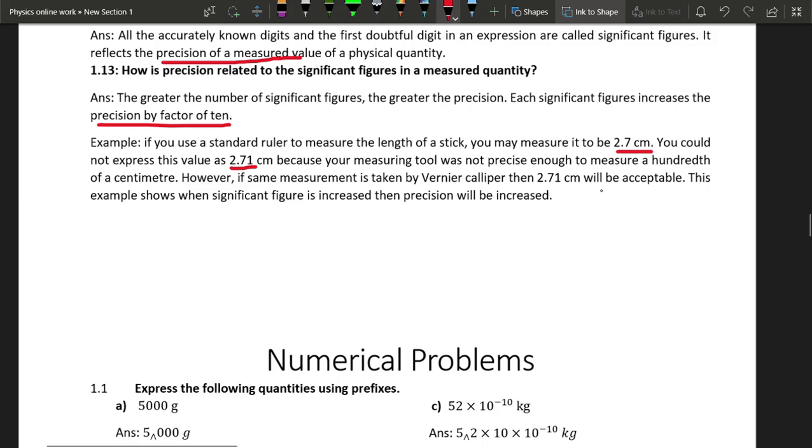So as significant figures increase, precision also increases. This example clearly shows that the more the significant figures, the more the precision. Otherwise, if your instrument is not precise enough, you cannot get an accurate value.